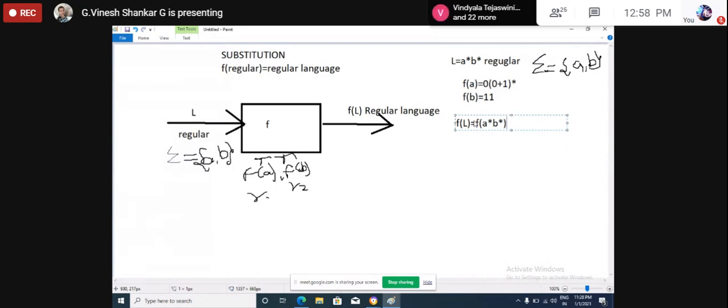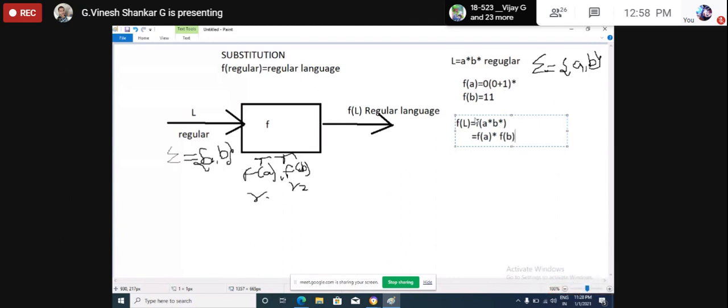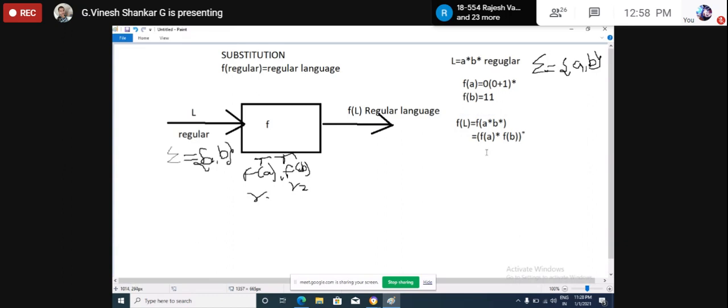That is equal to, what can I write? f of a star b star can be written like this. Listen carefully: it is f of a whole star, then f of b whole star. Please remember.